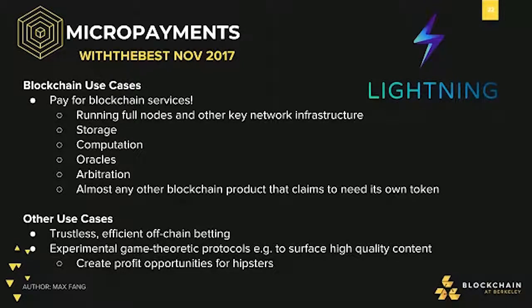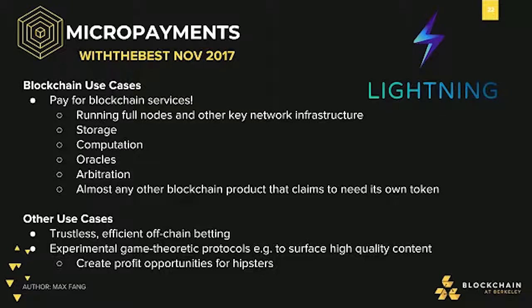And other things: a lot of what these blockchain products are selling, like a decentralized storage platform, decentralized computation, oracles, or an arbitration network, a lot of those things don't actually need a token, and when it comes down to it, Bitcoin or Ether suffice as the token.